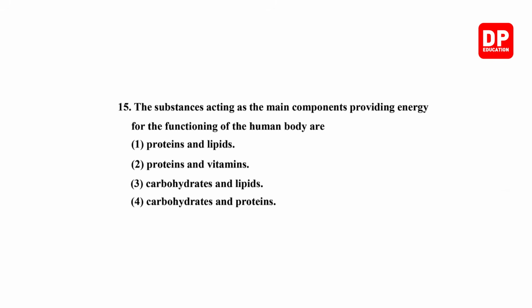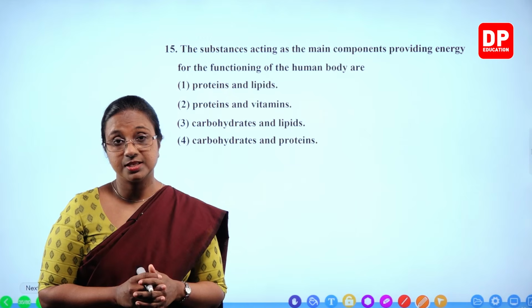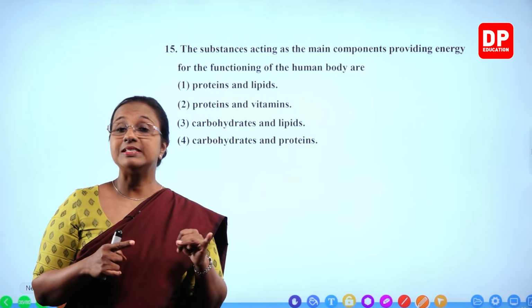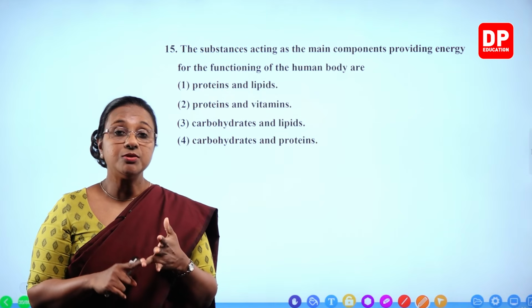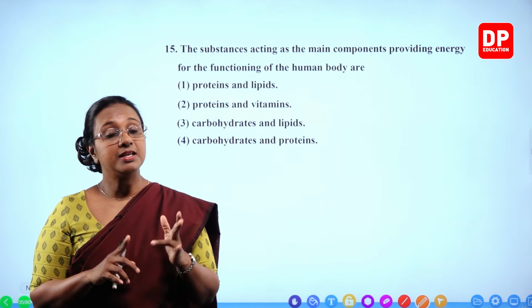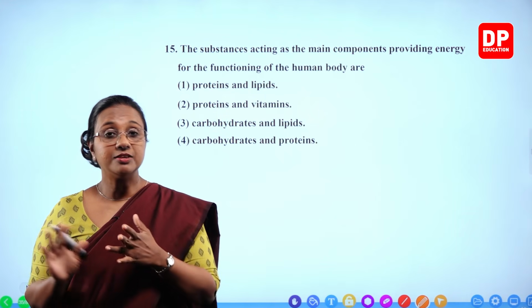The substances acting as the main components providing energy for the functioning of the human body are... So they have given proteins and lipids. Now you all know, students, when we take the energy sources, there are biomolecules: carbohydrates, proteins, lipids and nucleic acids. Now nucleic acids, of course, they do not provide energy because they either store genetic information or are involved in protein synthesis. Those are the functions.